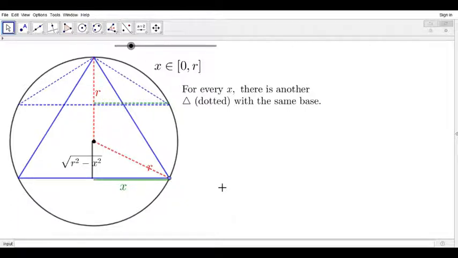And so why is it a twin? Definitely not an identical twin, but rather a fraternal twin. It's a triangle having the same base, and because the base is the same, it shares the same x value shown here in green.